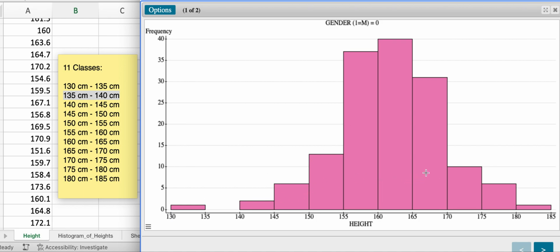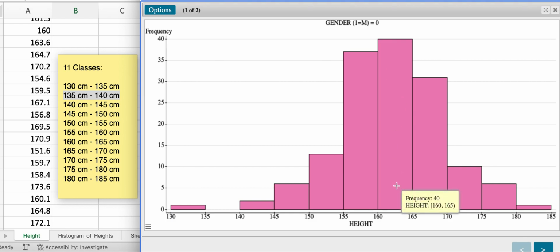Bell-shaped meaning that the majority of our data values, so the majority of adult females in our sample, have heights in this center range here between 155 and 170. We can also see that the highest frequency bar occurs at the center of our distribution. And so in the class between 160 and 165 centimeters, we can see this has the highest frequency. So most of our data is hovering around this center.